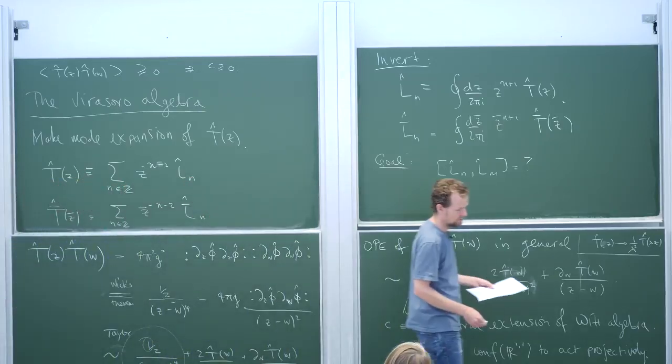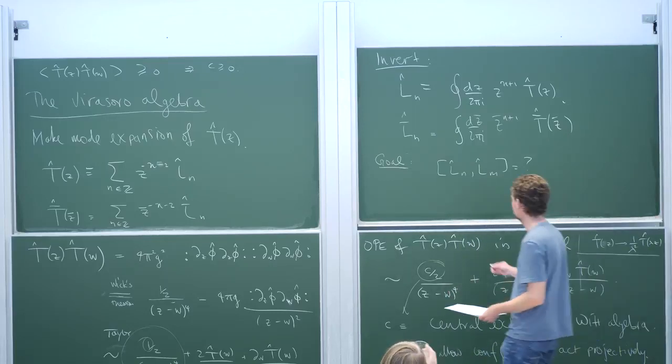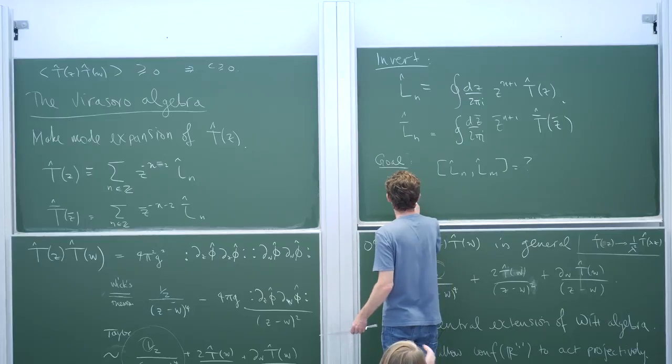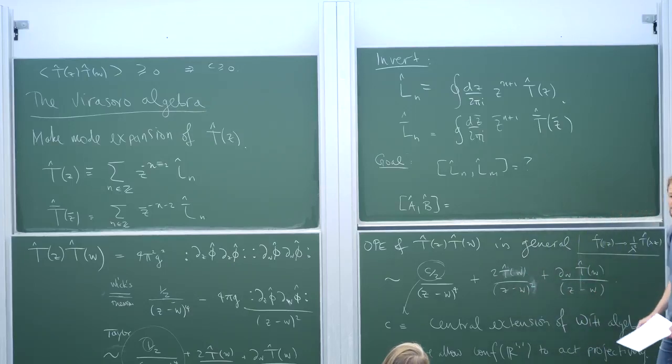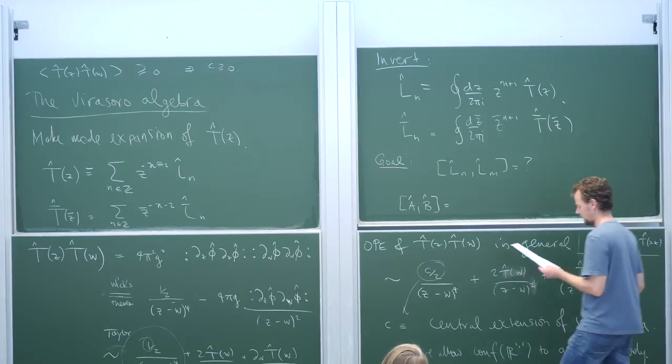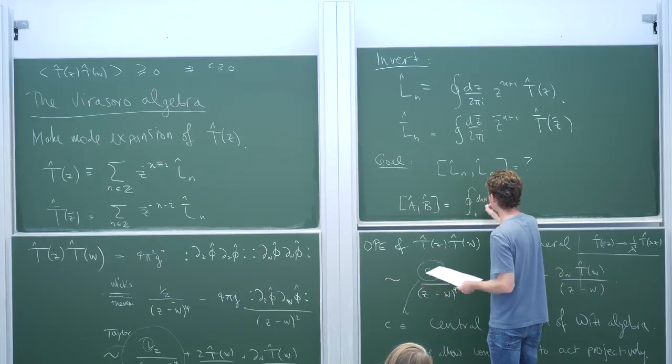Well, that's not entirely trivial. It's a little bit complicated, and to carry this out, we're going to need to use a contour integral trick that we introduced a couple of lectures ago. So you can realize a commutator by doing two contour integrals.